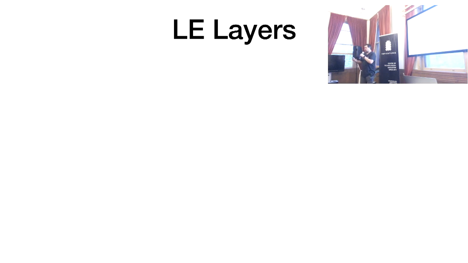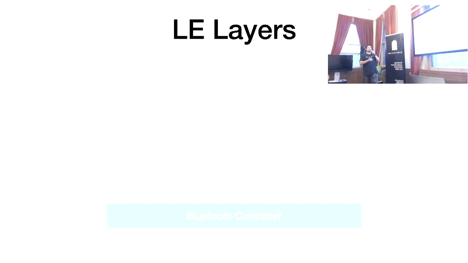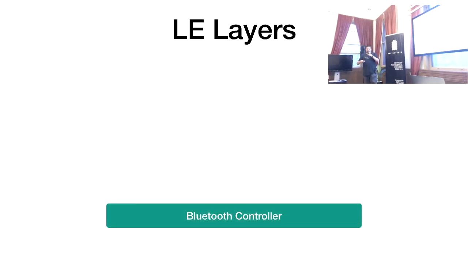So, I was telling you that it has these multiple protocols, and you can define layers. It's kind of like what you do with TCP/IP. On the bottom, we've got the actual Bluetooth controller, which is talking to the device.